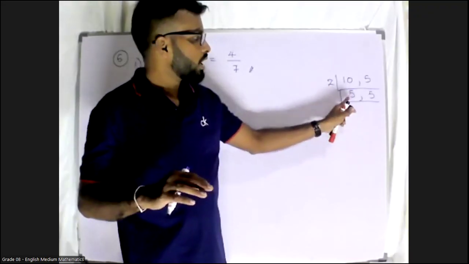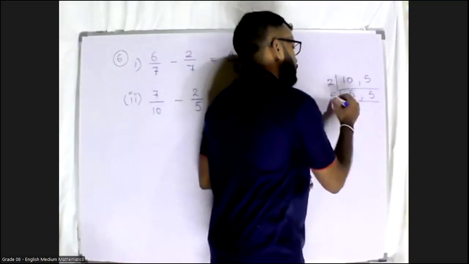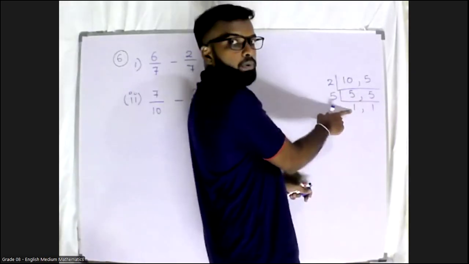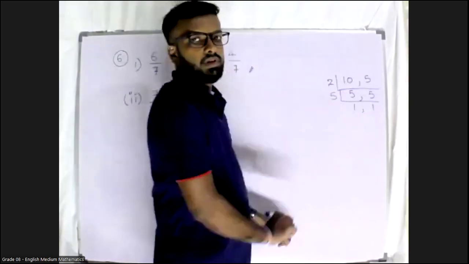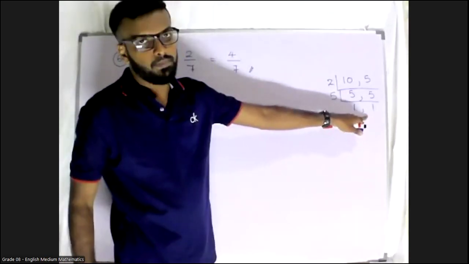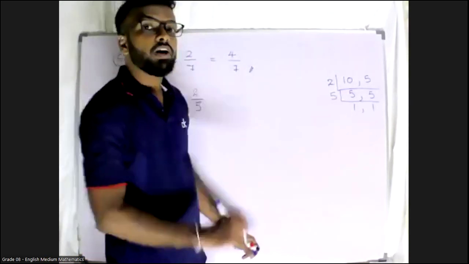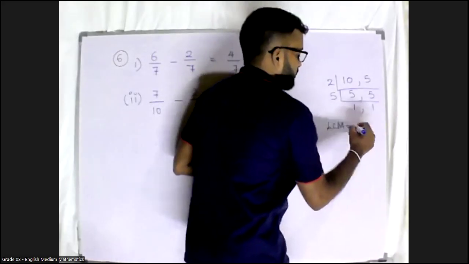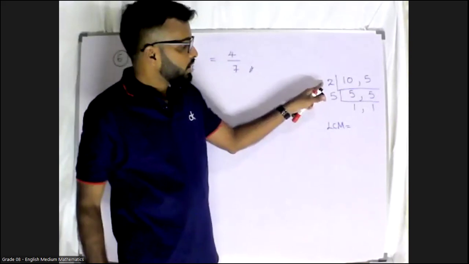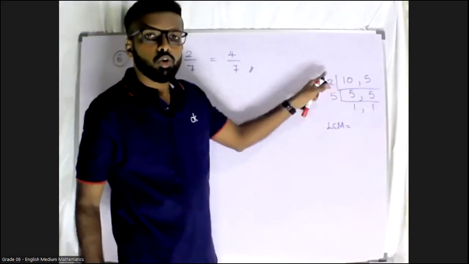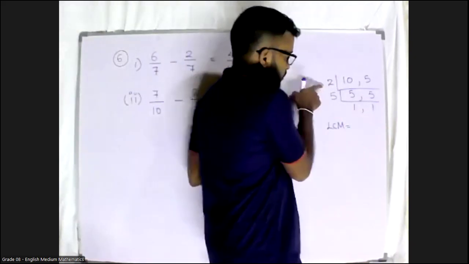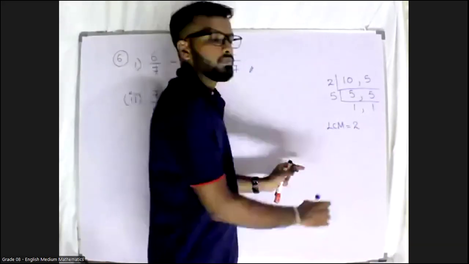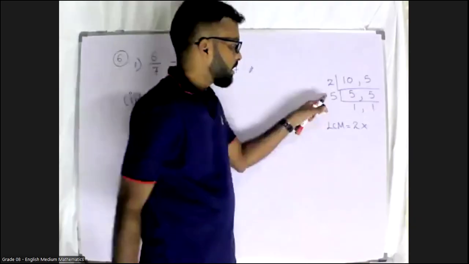So I am using 5 to divide, and you have now obtained 1 comma 1 as the last step. So how do you find the LCM? You have to multiply these numbers together. Here you have 2, and I am writing it here, multiplication, and 5.